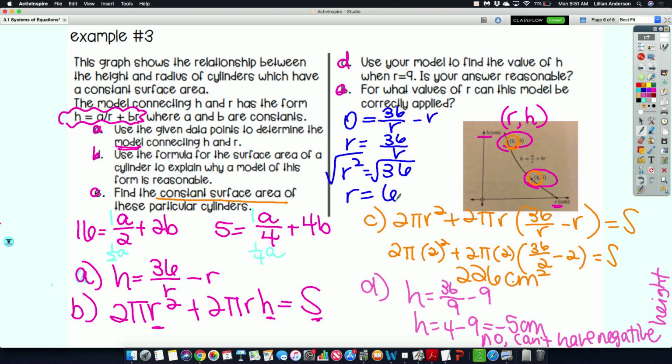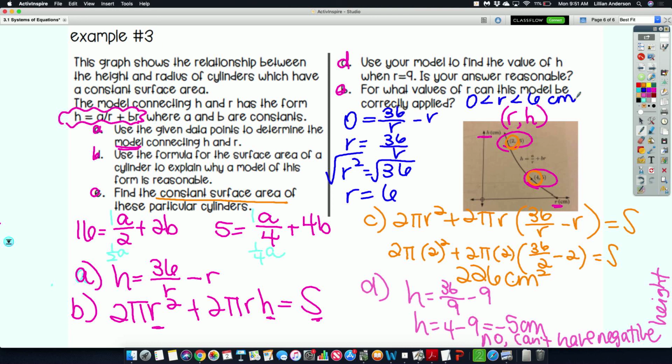So your values of R that this model can be applied to is between 0 and 6 centimeters. And you would write it as a compound inequality because we are talking about a range. Okay? So your range can be so small, it can even be 0.1 centimeters, or it can even be 5.99 centimeters.